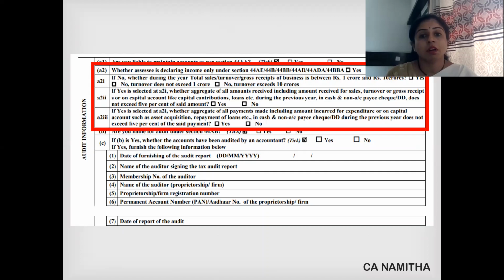Any check issued or DD issued which is not account payee will be deemed to be cash receipts or payment, and it has to be included in that 5% limit. So this disclosure has to be given in the new ITR form.